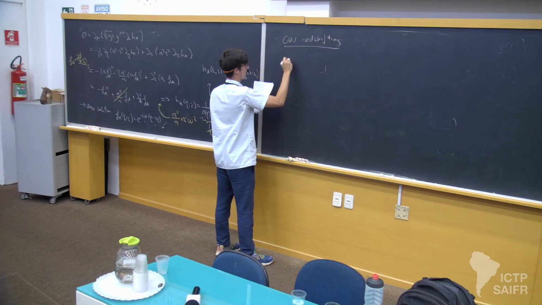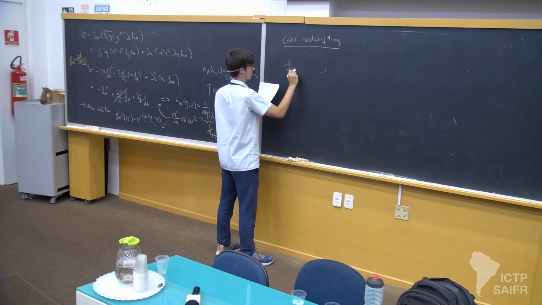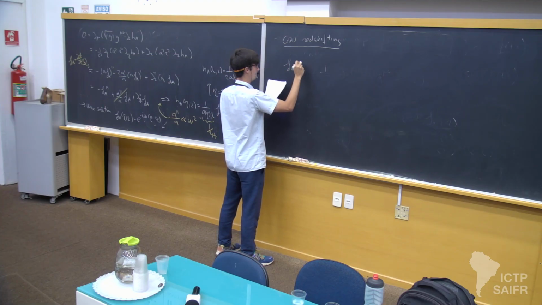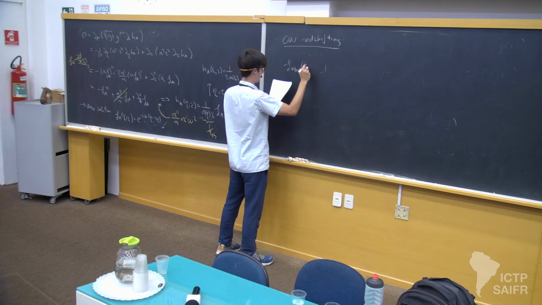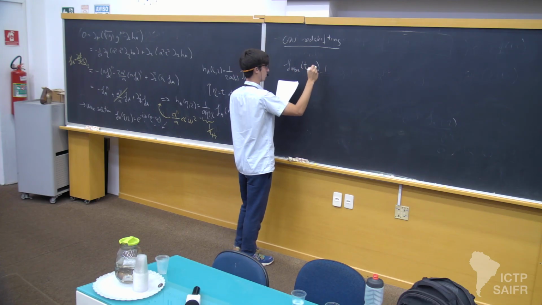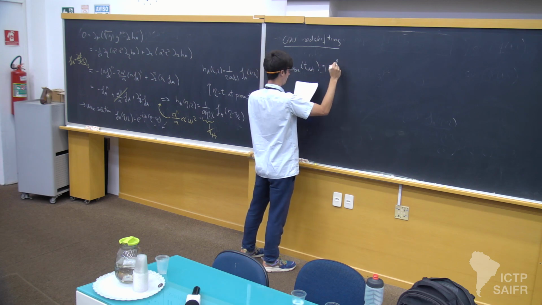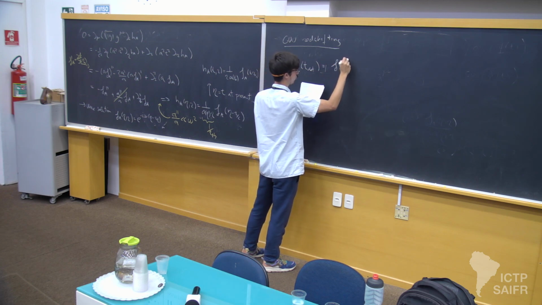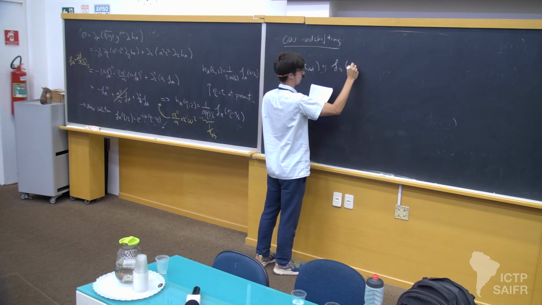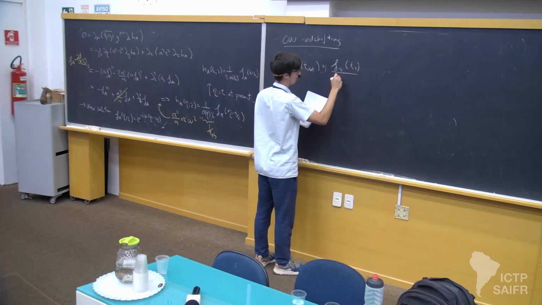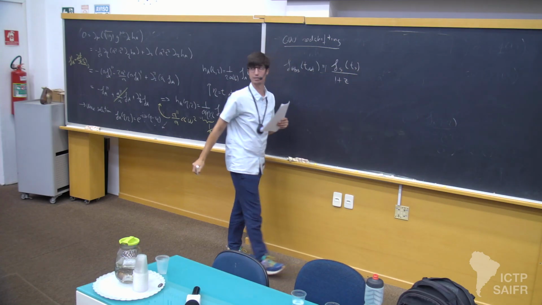And so the frequency that we observe at the detector is going to be the frequency of the source at the time of the source divided by 1 plus z.